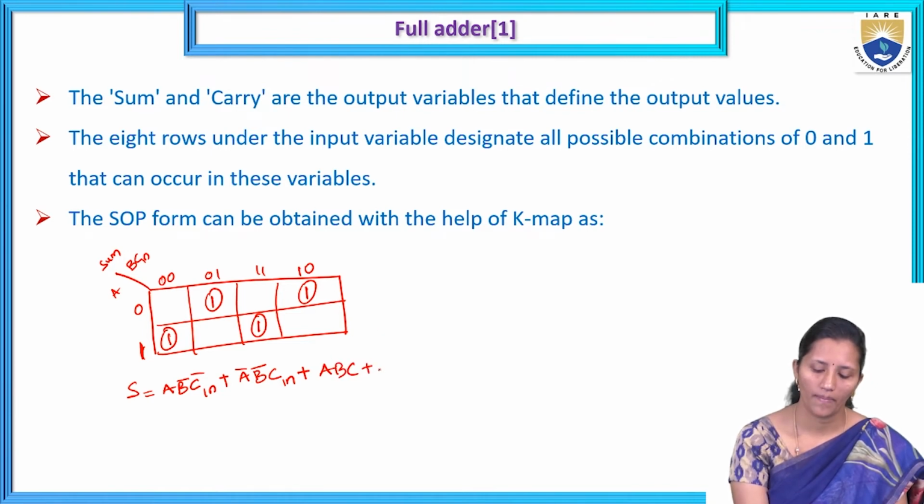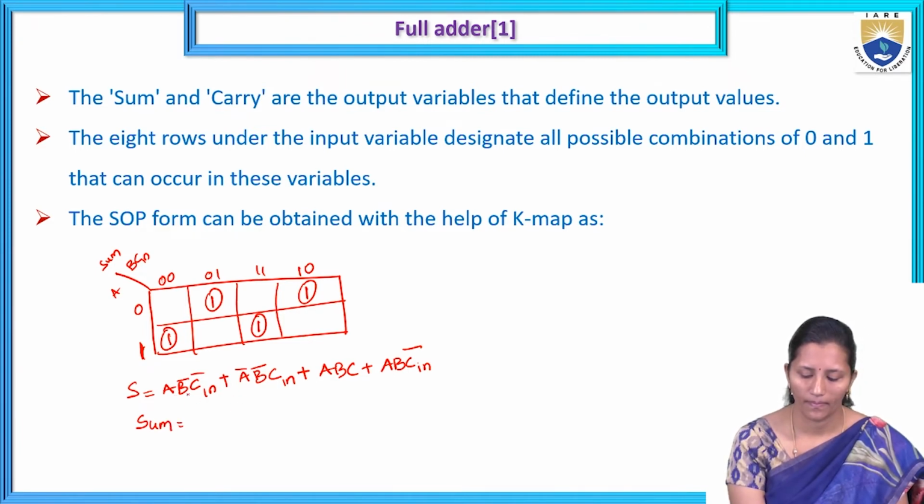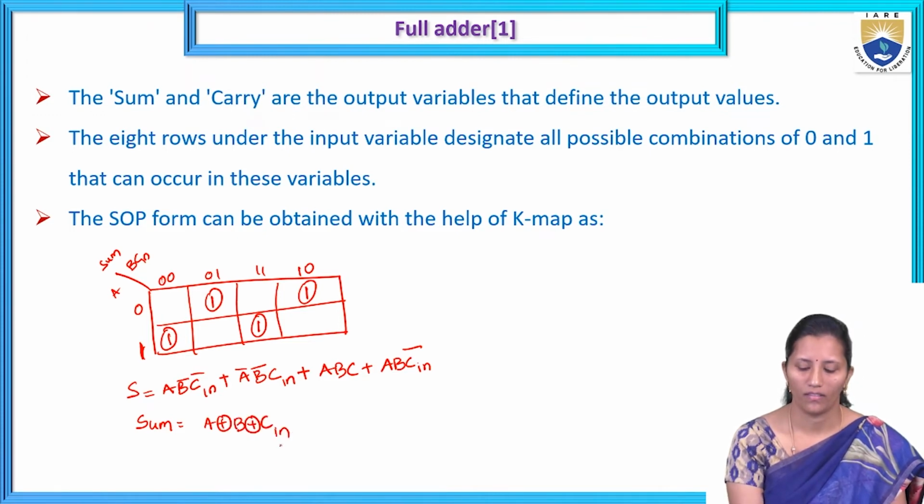And for this one A, B, C in bar. Okay. So we can write that sum is equal to A XOR B XOR C in.